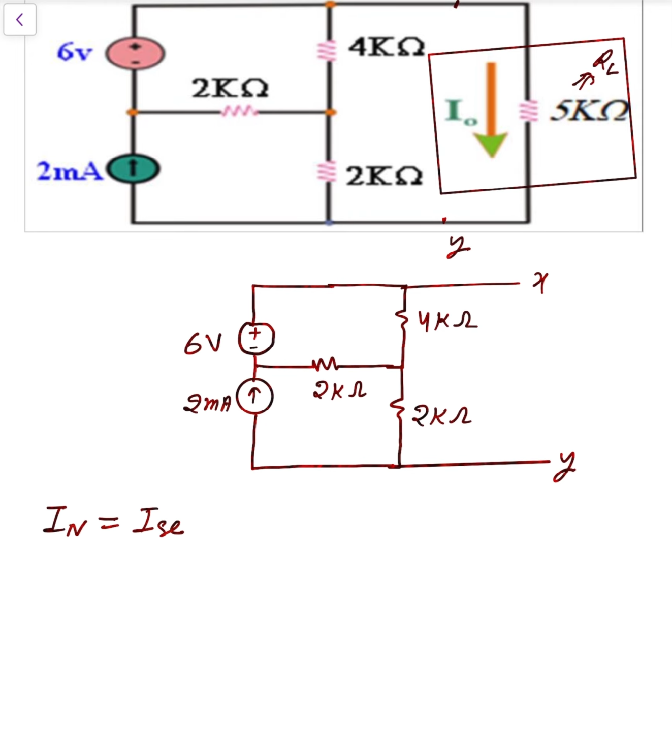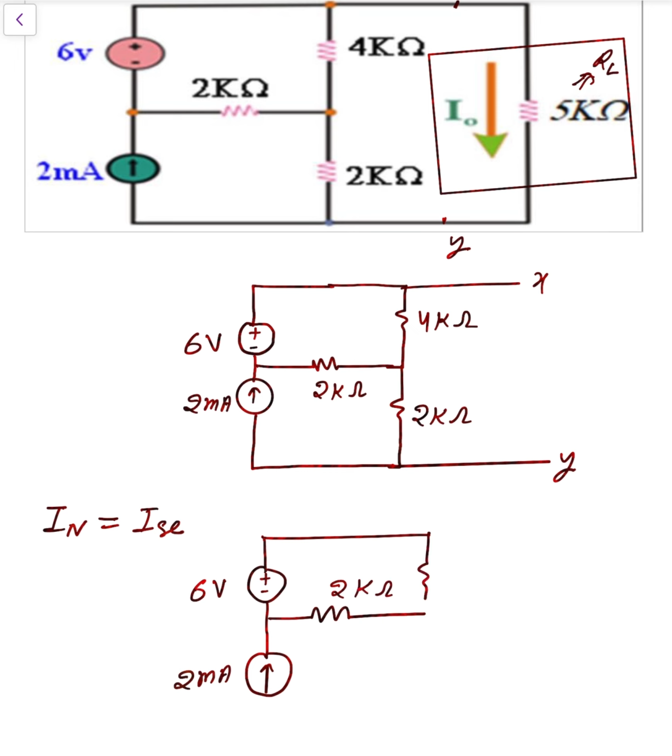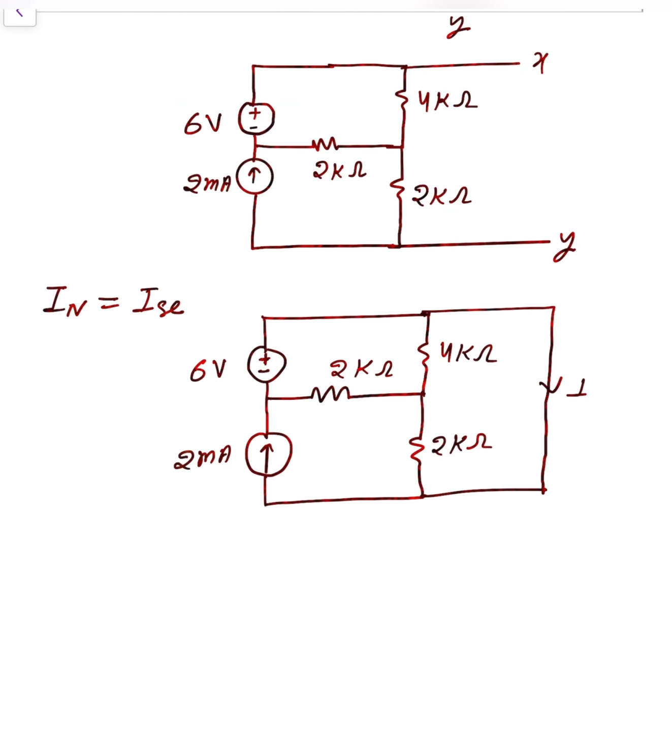To determine the Norton current, in the circuit we have plus and minus, 2 milliampere in the upward direction, 6 volt, 2 kilo ohm, 4 kilo ohm, and also 2 kilo ohm, and these two terminals carry ISC. So how can we determine ISC?